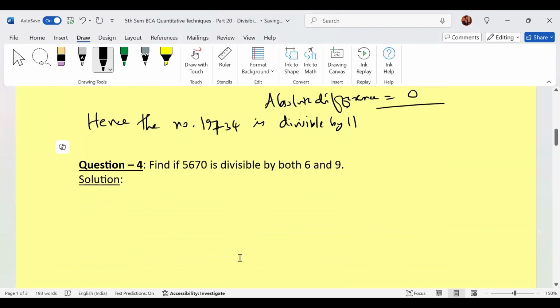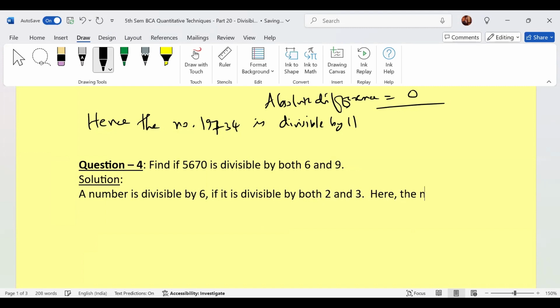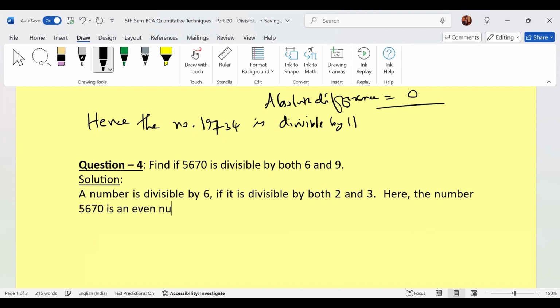Find if 5670 is divisible by both 6 and 9. So means we need to check for both the divisibility, whether it is divisible by 6 as well as 9. A number is divisible by 6 if it is divisible by both 2 and 3. Here, the number 5670 is an even number and hence it is divisible by 2.